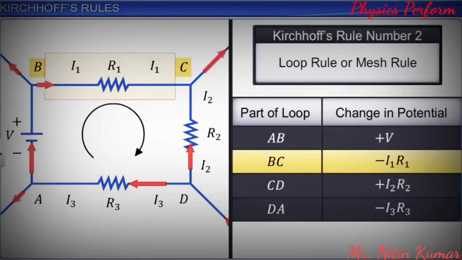Here, you should clearly understand why the change in potential is minus. Charges always flow from a point at higher potential to a point at lower potential. Therefore, point B is at a higher potential compared to point C. We are calculating the potential change between points C and B, which is the potential at C minus the potential at B. Hence, the change in potential is negative.